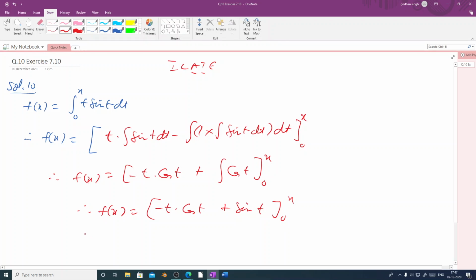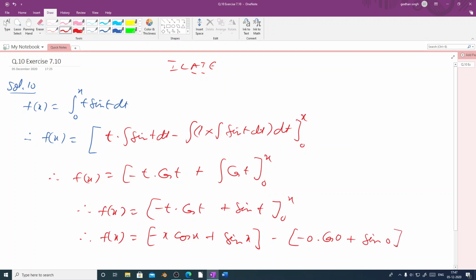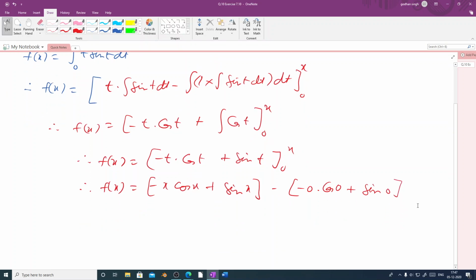Therefore f(x) equal to minus x cos x plus sin x, then putting the lower limit, so we'll be getting minus 0 into cos 0 plus sin 0. Now the second part will become 0, and we'll be getting, therefore f(x) equal to sin x minus x cos x. Now we need to find the value of f dash x, so we'll be solving this one.